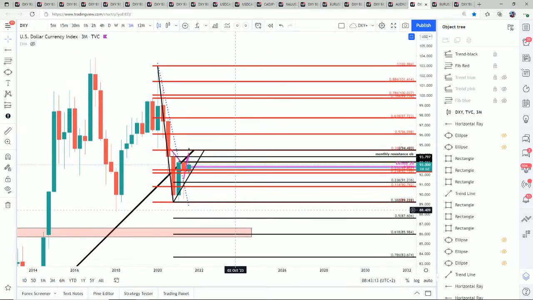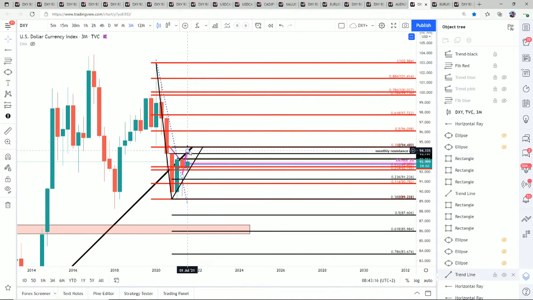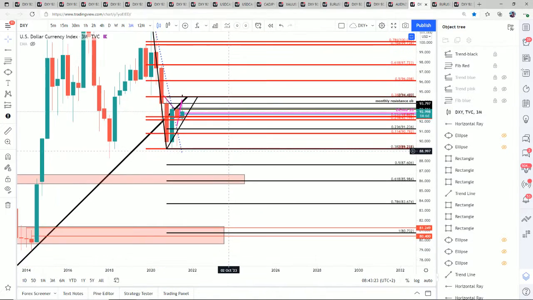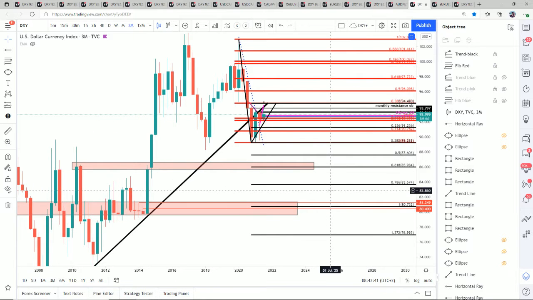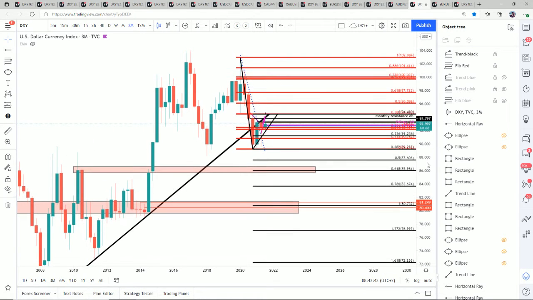So if we consider we would land about at the 38.2 fib of this move as a B, then that's where we have the targets. 86 would be the target of the 61.8 extension, and around 80.73 would be the target of the 1-to-1 extension. So that's what could be the targets of DXY, let's say within probably the end of the year or something like that.